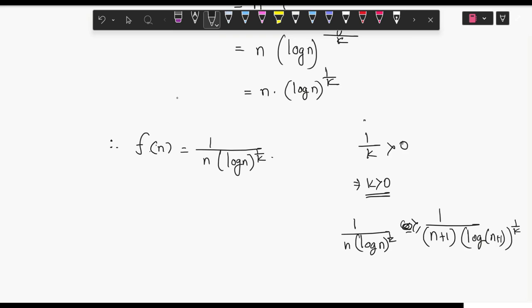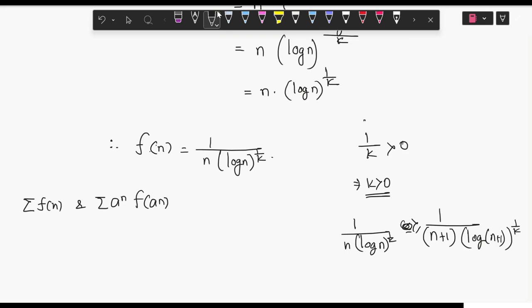Then we can use the Cauchy condensation test, where by the Cauchy condensation test, summation fn and summation a to the power n f of a to the power n converge and diverge together, where a is a positive integer strictly greater than 1.